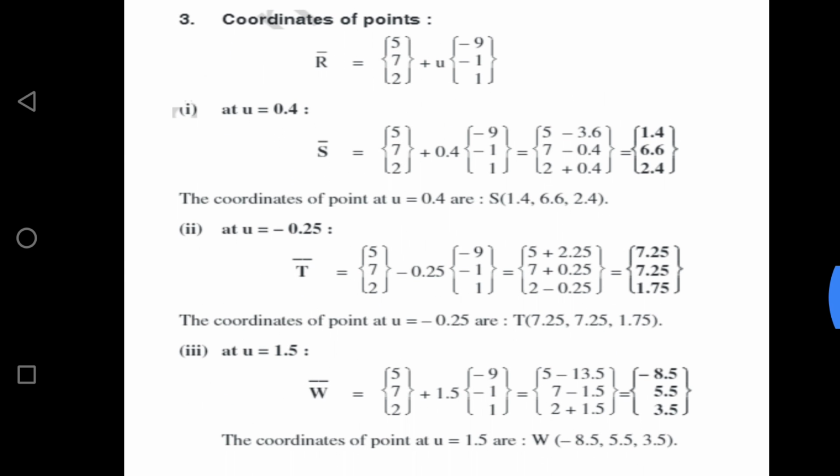And also in the question, it is asked to find out the coordinates of the points at u equal to 0.4, at u equal to minus 0.25 and at u equal to 1.5.